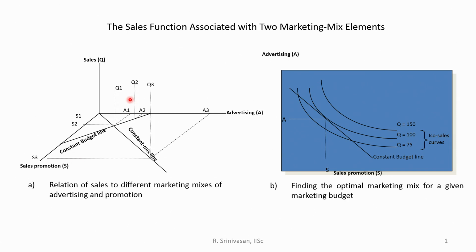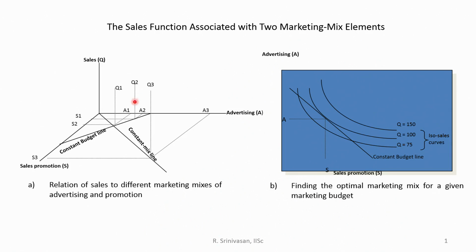So, you have 3 quantities of sales coming for different advertising and sales promotion budgets. So, you can adjust your A and S in such a manner that you can get slightly different quantities of sales.